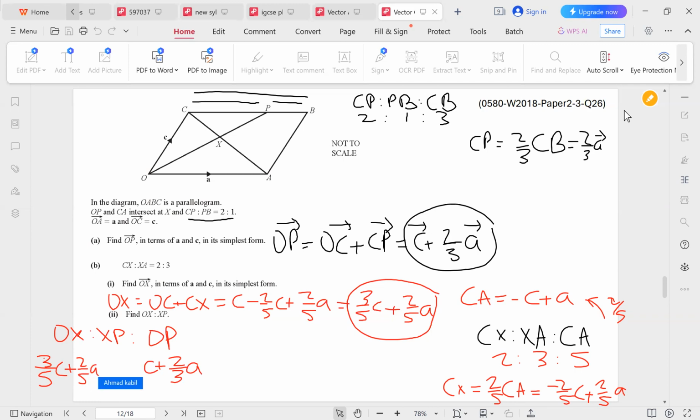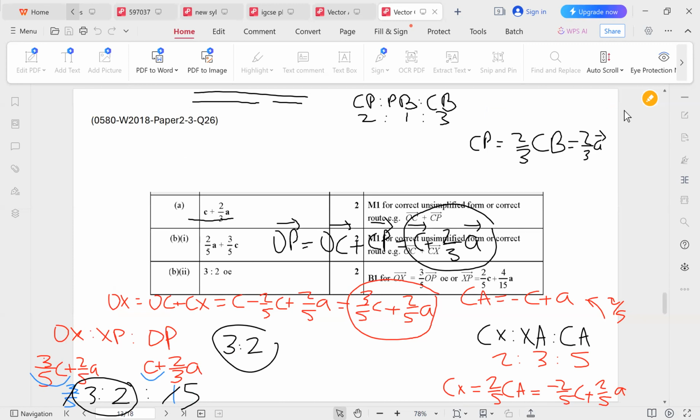So we can simplify the ratio by just choosing one of the variables. So you have 3 over 5 here to 1. We are interested in OX to XP. So you can either split it first or multiply first. Let me multiply first to make life easier. If I multiply here by 5 on both sides, I get 3 instead of 3 over 5, and I get 5 here. And the missing ratio, of course, would be 2. So therefore, the final answer would be 3 to 2.